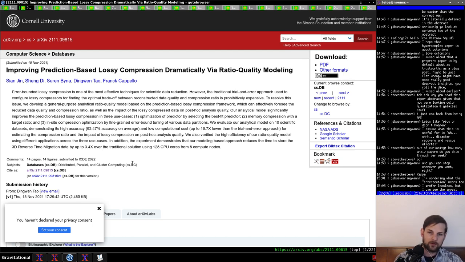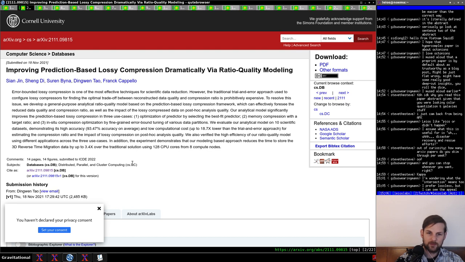We evaluate our analytical model in 10 scientific datasets, interesting, demonstrating its high accuracy, 93.47% accuracy on average, which actually isn't too high for scientific applications, but that's fine, and low computational cost, 18.7x lower than the trial and error approach. For estimating the compression ratio and the impact of lossy compression on the post-hoc analysis quality, we also verified the high efficiency of our ratio quality model using different applications across the 3 use cases.